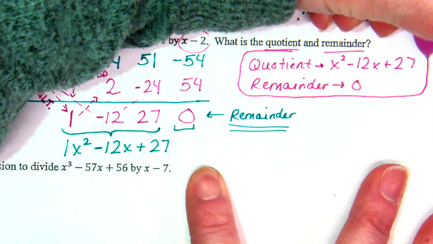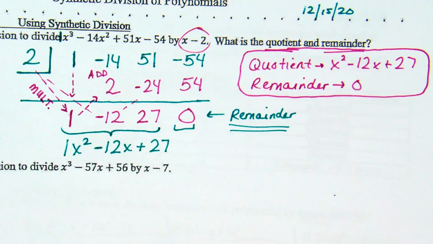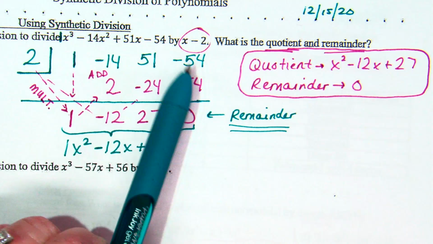Could you have done that exact same problem using long division? Yes, you can. Yes. The number that goes in the box is going to come from this factor you're dividing by. X minus, so it's always going to be opposite the given sign.